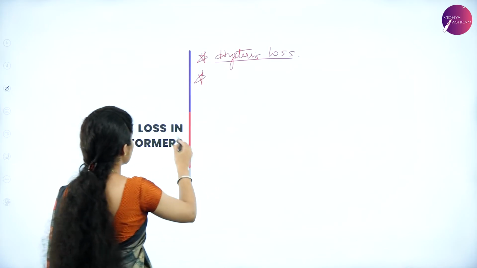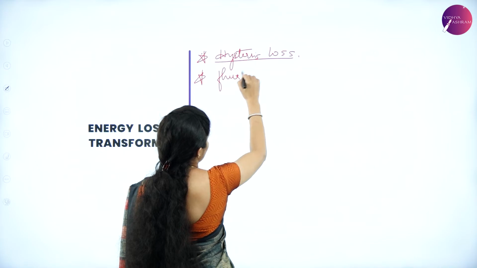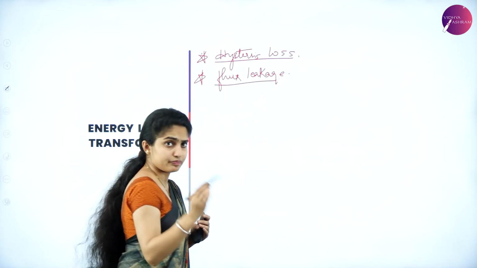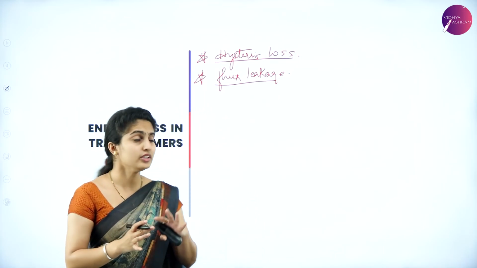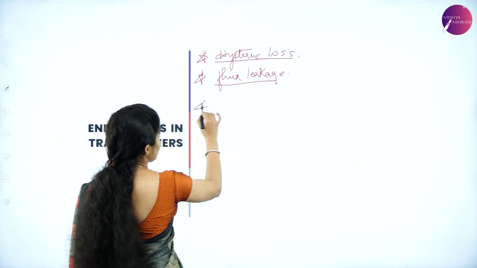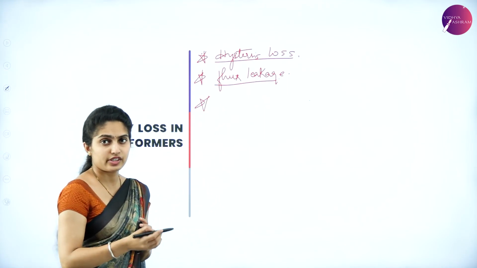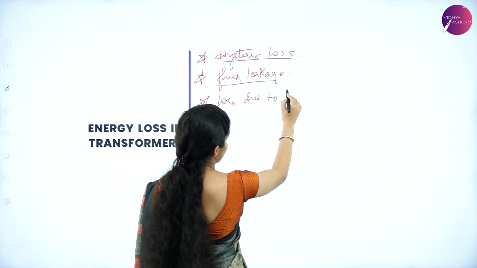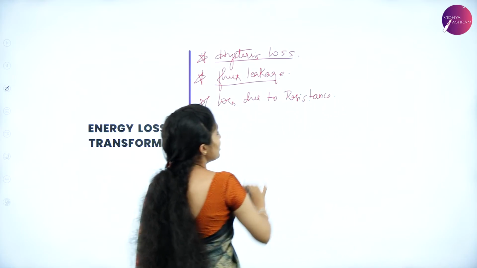And next, energy loss in transformers can be due to flux leakage. This flux leakage can happen when there is poor designing of a transformer. The third energy loss in the transformer is the loss due to resistance present in the windings.